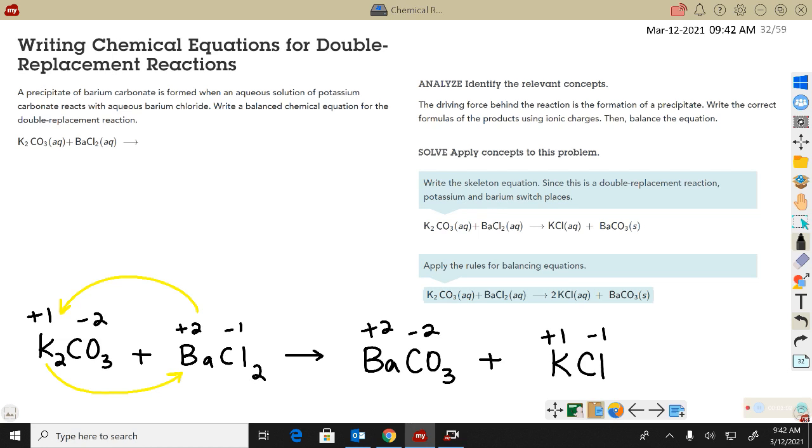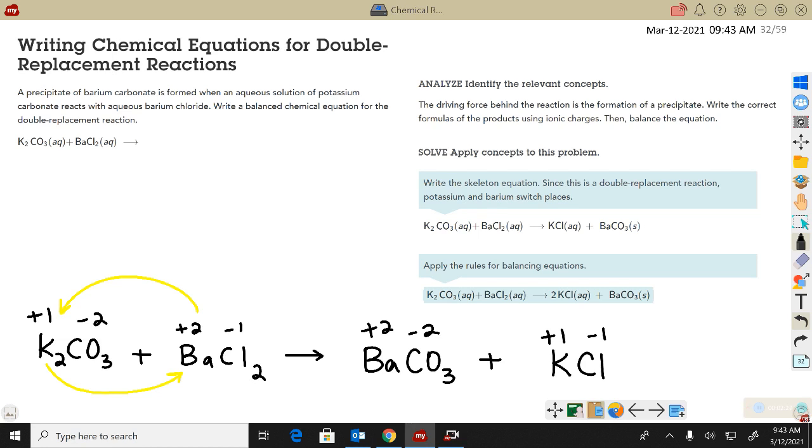Another reason why I like to put the charges down, even on the reactant side, is because I'm going to use them again on the product side anyways. So I know then that I have my reactant formulas written correctly, and then I can use those charges to make sure I get the product formulas correct. Awesome. That's the hardest part of all of this, is to figure out what ions are going to switch positive for positive.